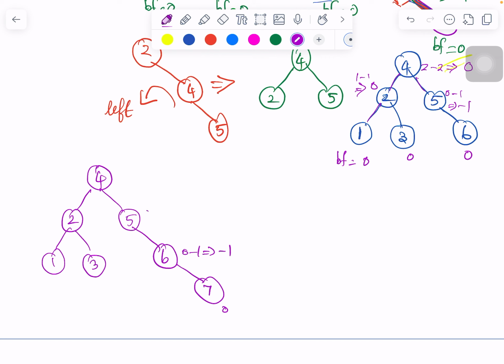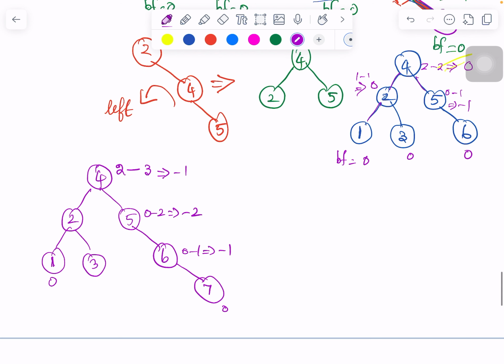For node 5, it is 0 minus 2, which is minus 2. For node 4, the height of left is 2 and height of right is 3, so it is equal to minus 1. For node 1 it is 0. Balancing factor for node 1 and 3 is 0. For node 2 it is again 0, so it's 1 minus 1, 0.